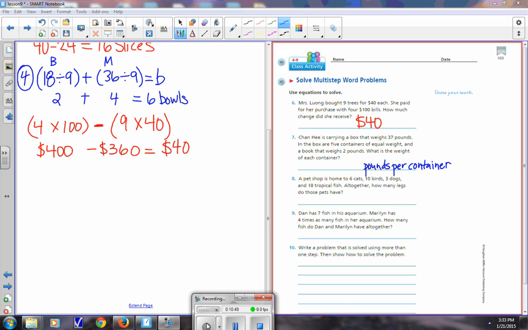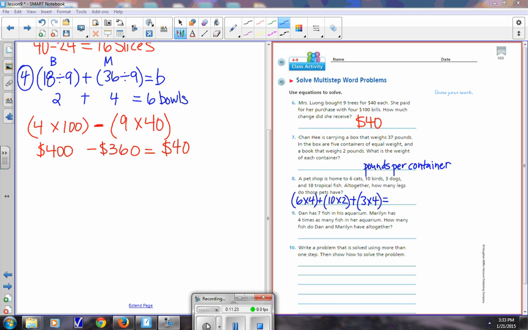A pet shop is home to 6 cats, 10 birds, 3 dogs, and 18 tropical fish. All together, how many legs do these pets have? Well, cats have 4 legs, so it's going to be 6 times 4 plus 10 birds, 10 times 2 legs plus 3 dogs times 4 legs, and there's no legs on 18 tropical fish, so we don't need to know that.